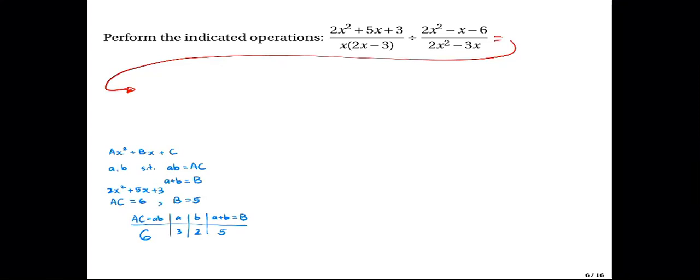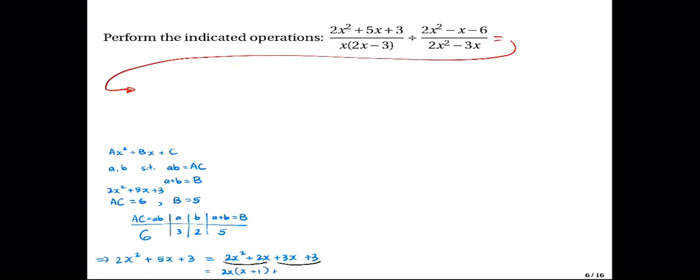Which means your 2x squared plus 5x plus 3, we rewrite this as 2x squared plus 2x plus 3x plus 3. And from here, we do the grouping to completely factor the expression. We can factor out 2x, and we'll be left with x plus 1.